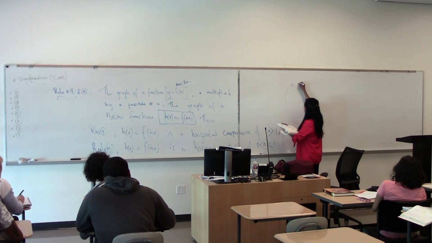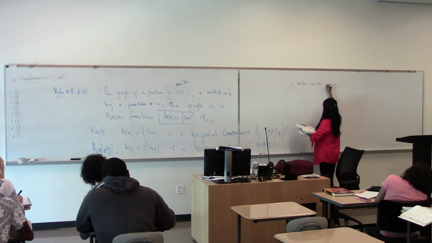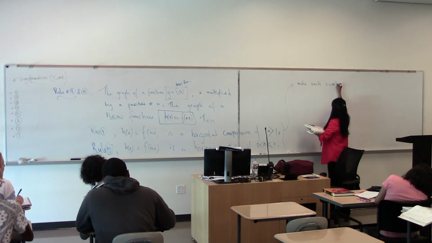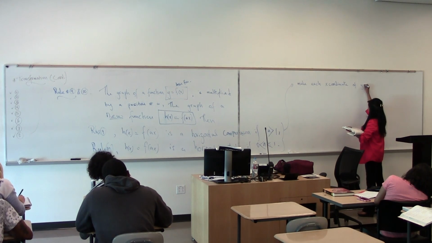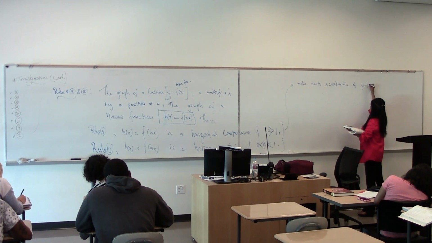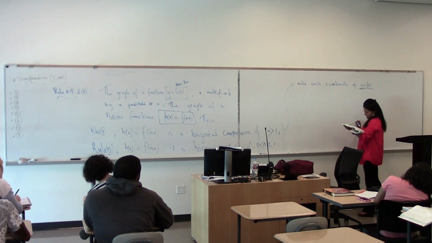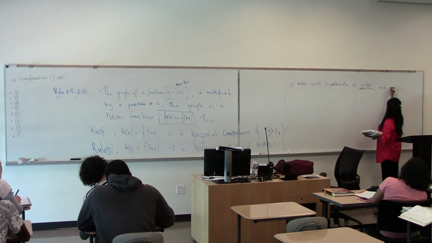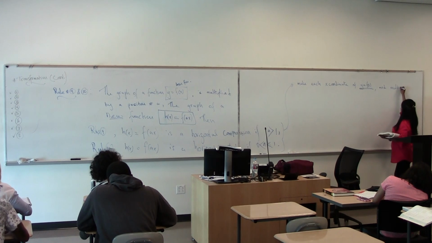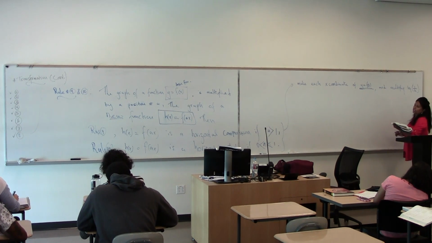We are going to take each x coordinate of y is equal to f of x and multiply by 1 over a. That's what we need to do.